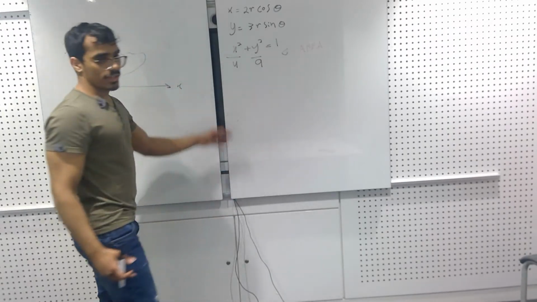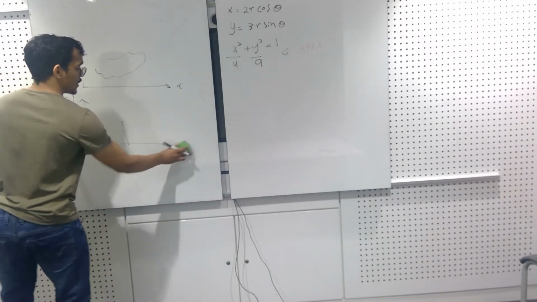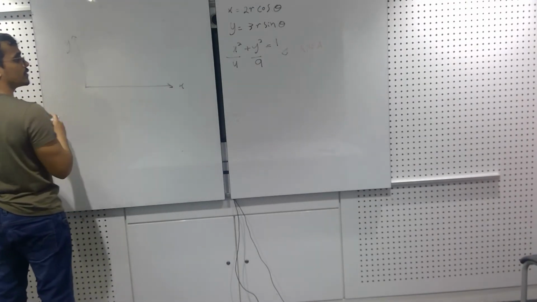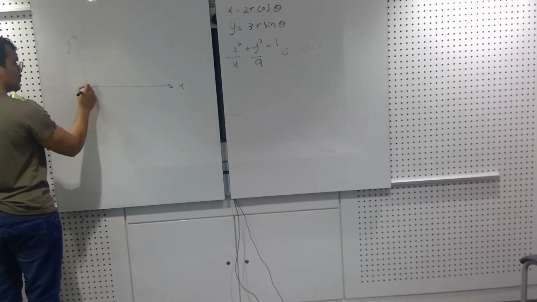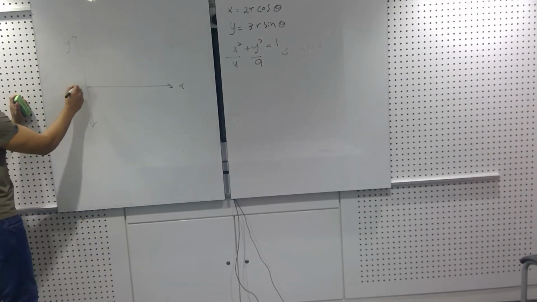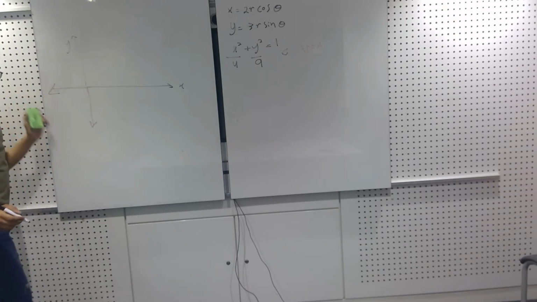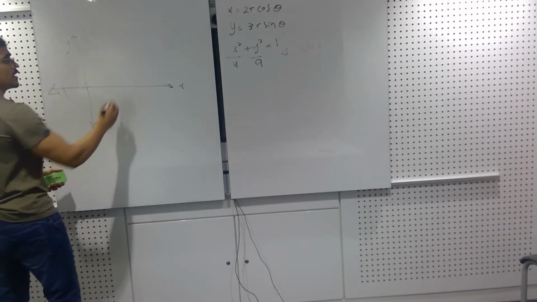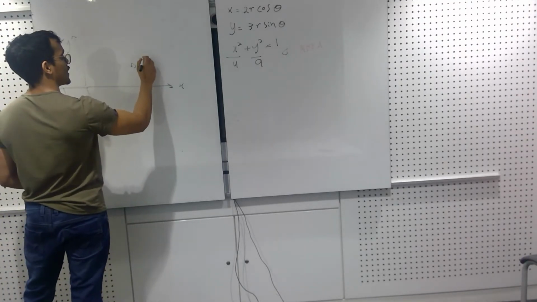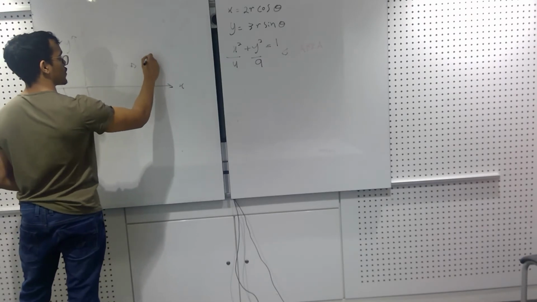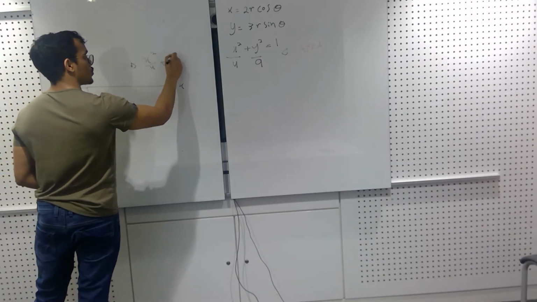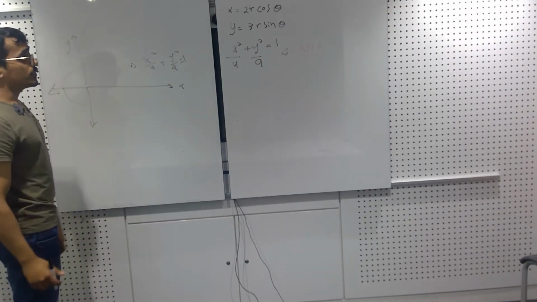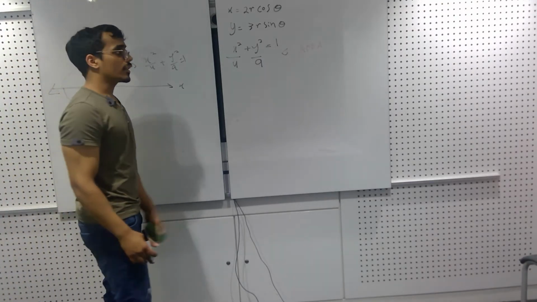In the x and y axes, x squared divided by 4 plus y squared divided by 9 is equal to 1, and this will be an ellipse in the first coordinate system. We will see how it looks once we convert it into the other coordinate system.